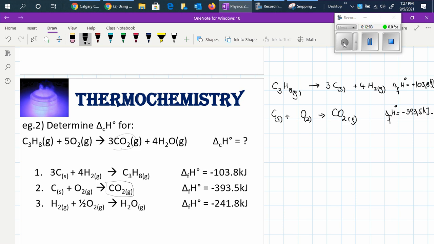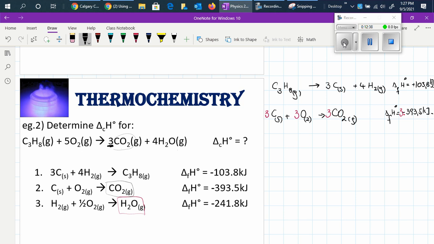However, if you notice, in the focus reaction we need to have 3 carbon dioxide. So I will multiply it by 3, and this will be 3 times negative 393.5.